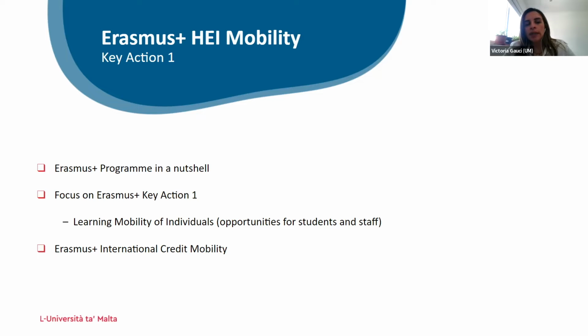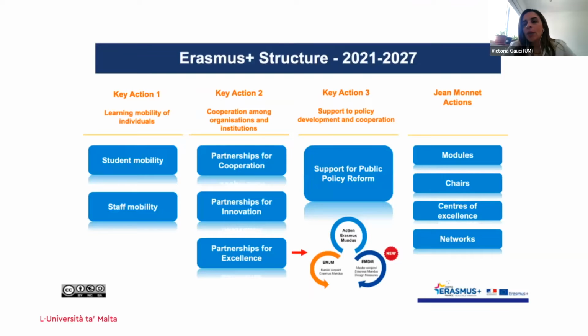And also I'll be explaining some new initiatives that have been incorporated in the Erasmus program recently over the last few years. So basically, when we speak of Erasmus, a lot of people directly think about the individual mobilities, which is one part of the Erasmus program, but it is not only limited to mobilities for the individuals.